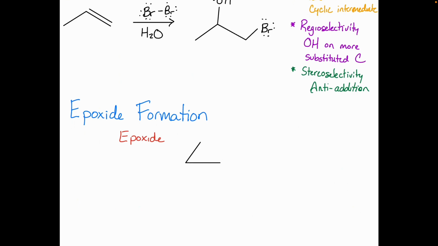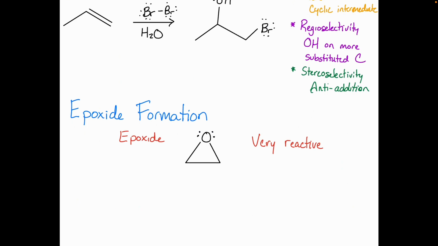It's a triangle, right? Not something that we think of as being super stable, with an oxygen. So two carbons and an oxygen make an epoxide. These are stable enough that you can isolate them, but as we talked about with our triangles, they don't like to be forced into those bond angles, so these compounds are very reactive.